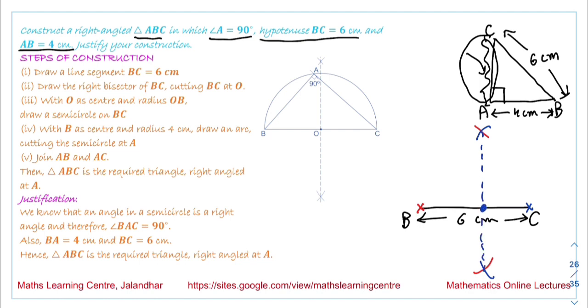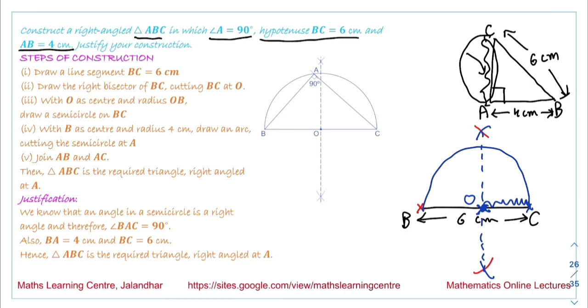This point is the midpoint of BC. Now keeping the compass at this point, say O, and taking the radius equal to OB, we draw a semicircle over here.